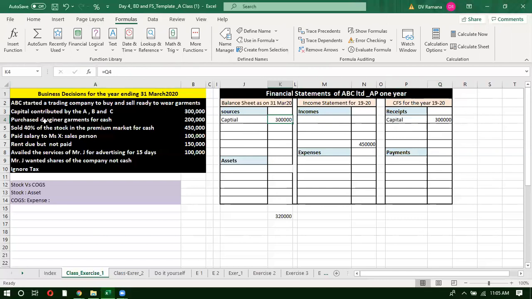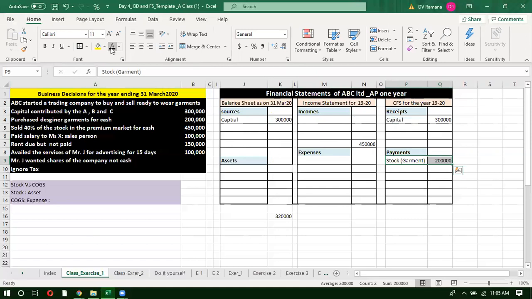They purchased garments for 200,000 and paid cash. So therefore, there is a payment for 200,000 for purchase of garments. And the garments is an asset at this juncture. Okay? The garments are the assets because they have not been yet sold.